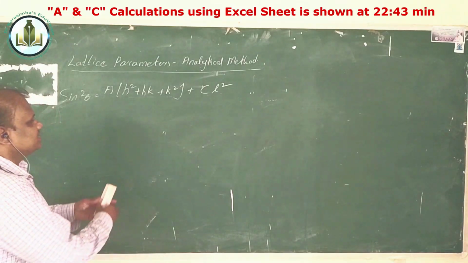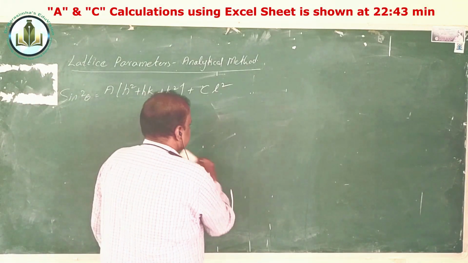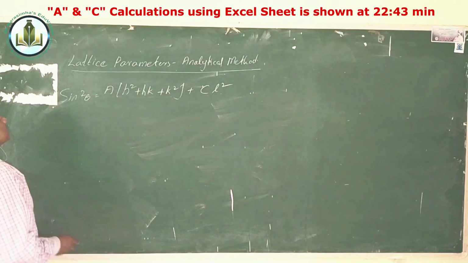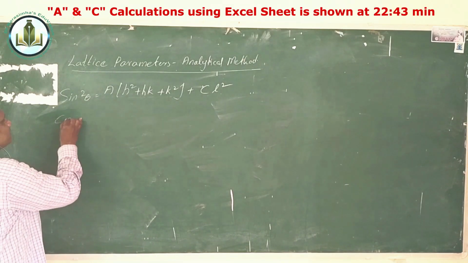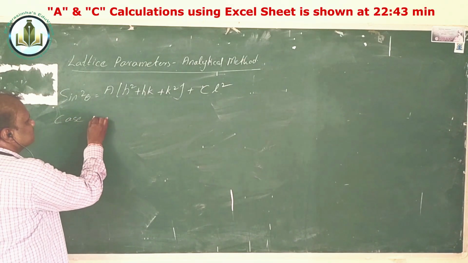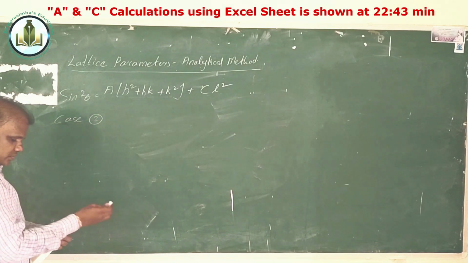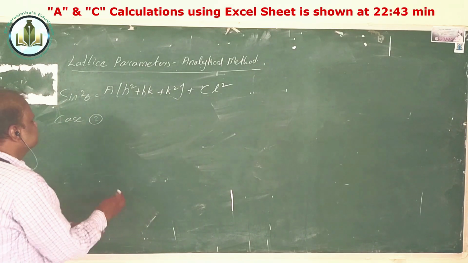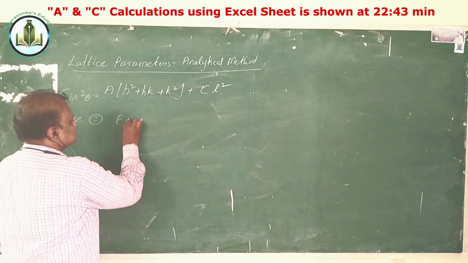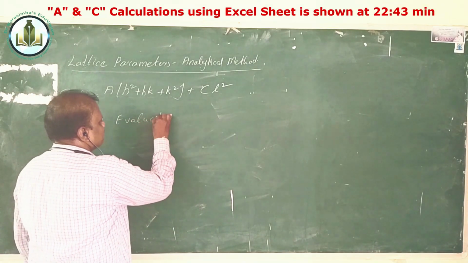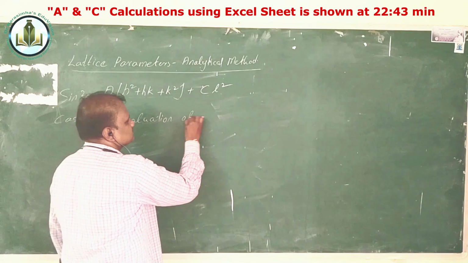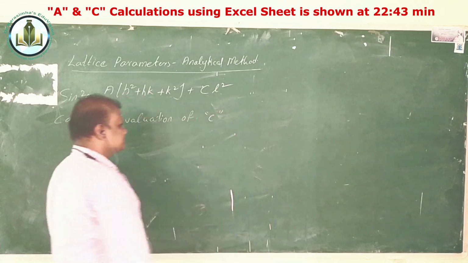Now we will find another lattice parameter, that is small c. So here I am writing k is 2, the evaluation of parameter c.